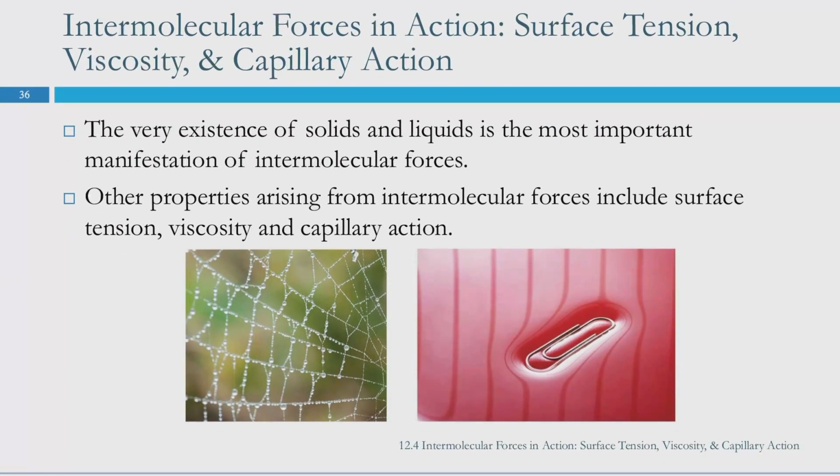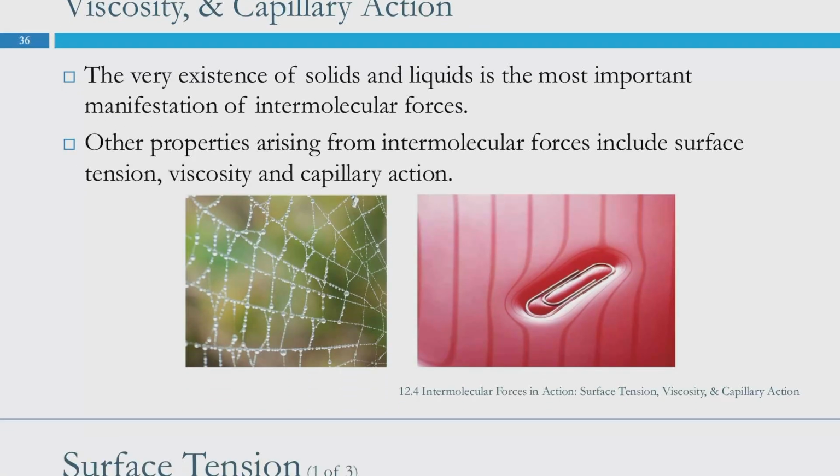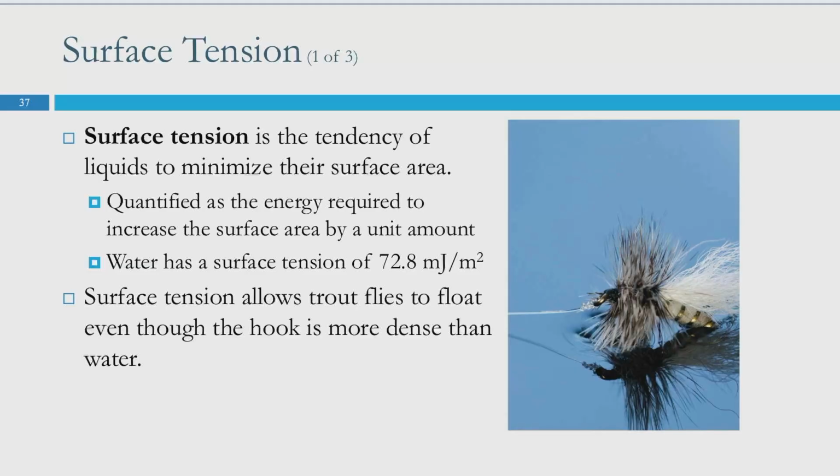Okay, some other places that intermolecular forces come into play are surface tension, viscosity, and capillary action. The first one, surface tension, is the tendency of a liquid to minimize its surface area. You can quantify this amount.